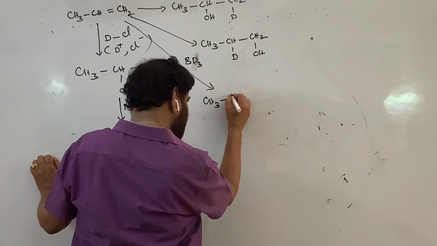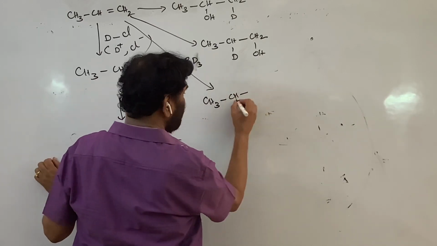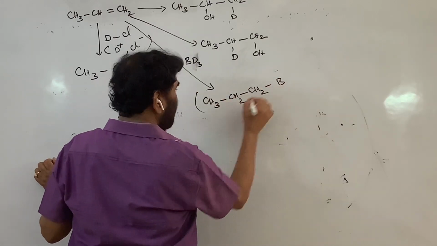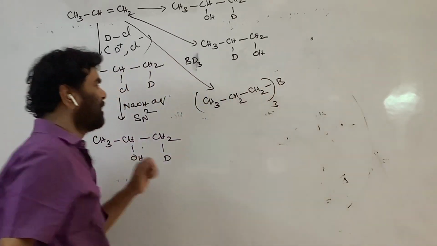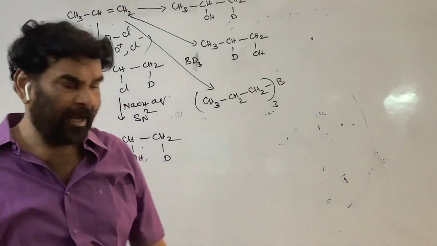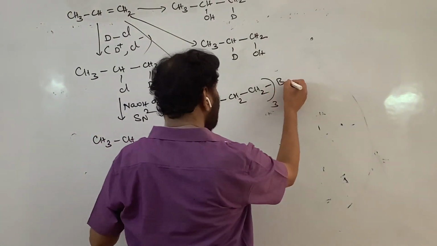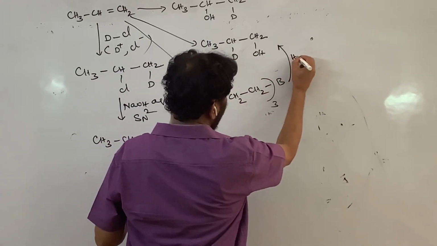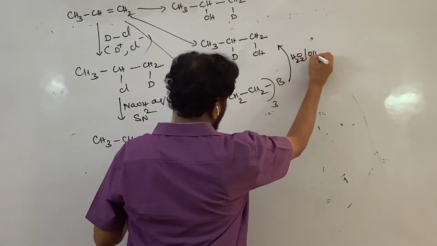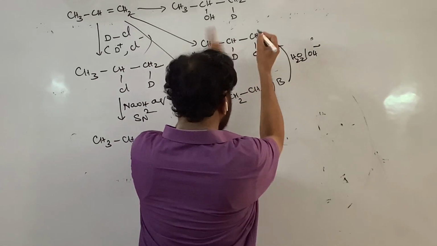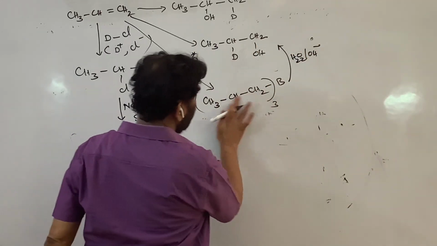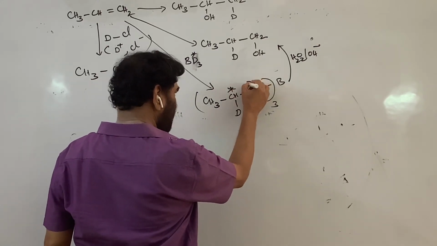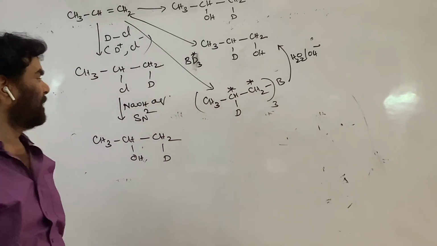Addition takes place against Markovnikov's rule only. Tripropyl borane is formed. This, with the D from the BD3, on treatment with alkaline hydrogen peroxide, the B is replaced and this compound is formed.